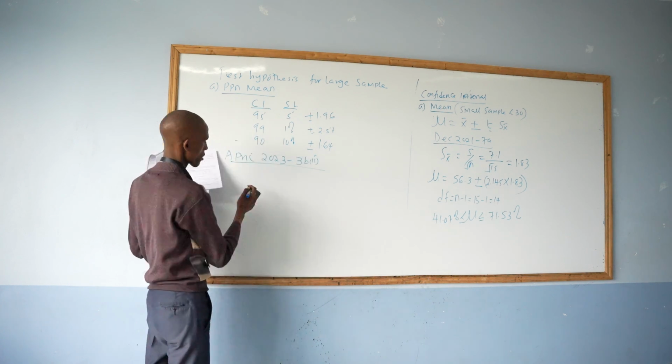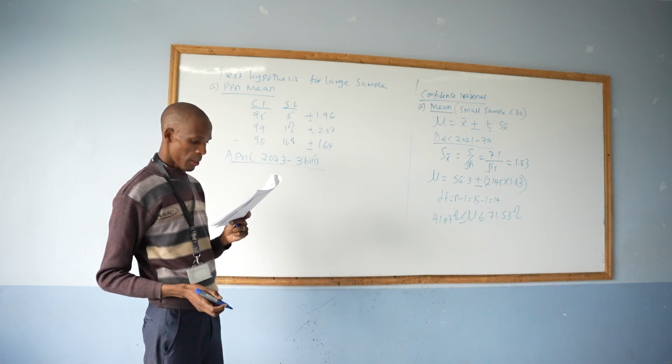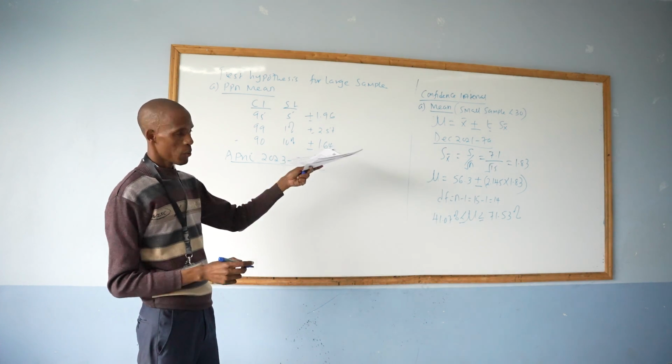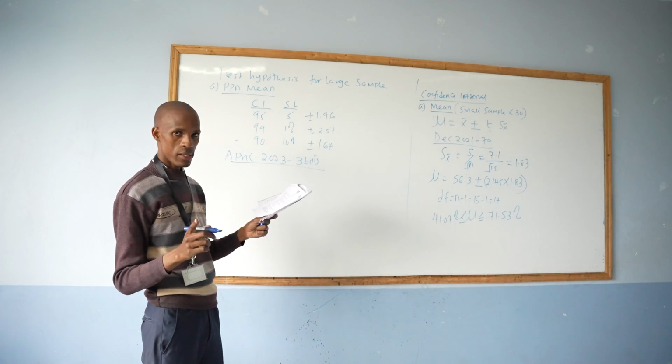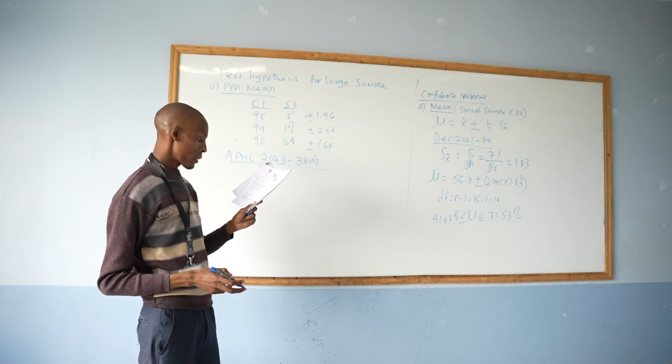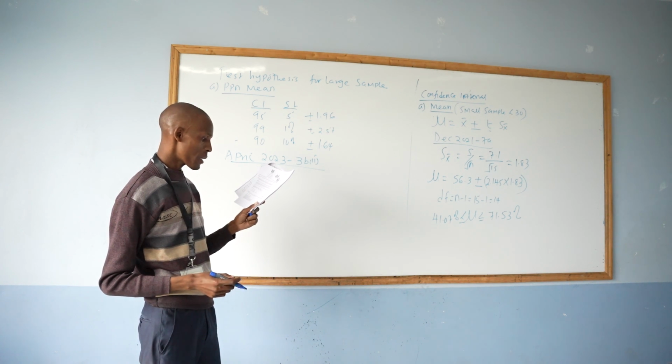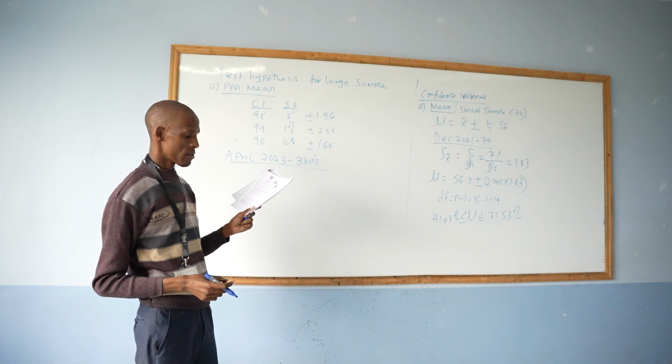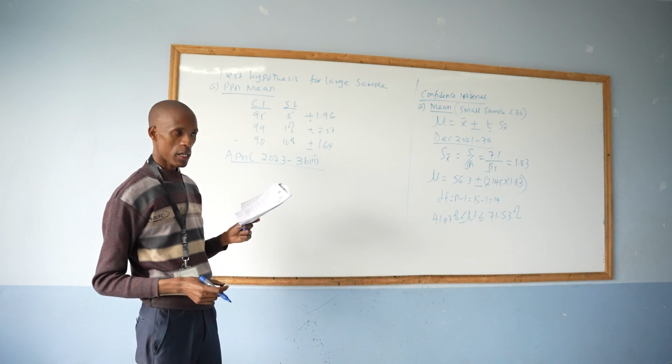Please take note of this. We are told the monthly rent; this is the same question we have done for part 1. This is a large sample, it's 200. Test the hypothesis that the amount paid is 20,000 at 5% significance level, part 2.